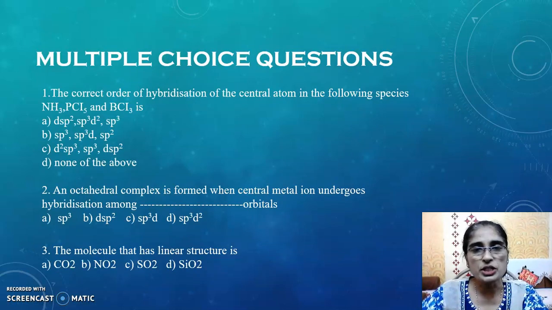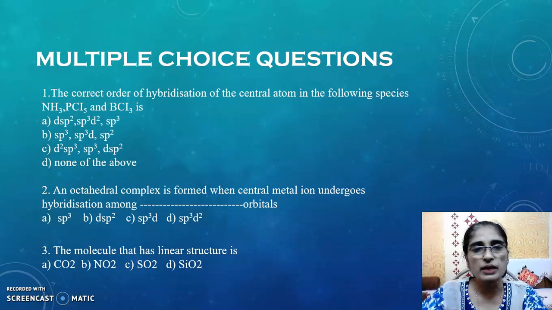Now these are the questions which are generally asked in university examinations as multiple choice questions. The correct order of hybridization of the central atom in the following species: here we can see NH3, PCl5, BCl3. Then we have to find out the hybrid state of the central atom.